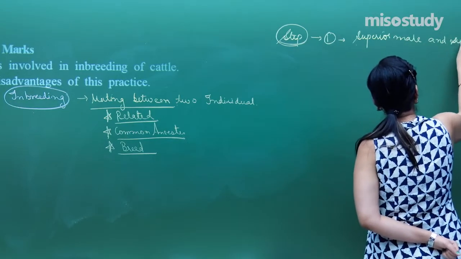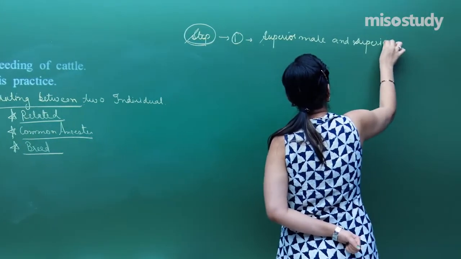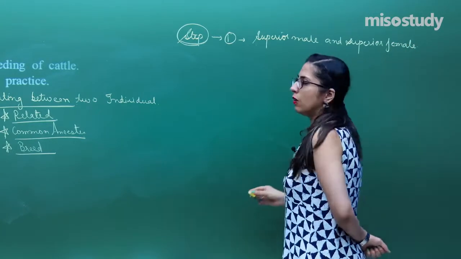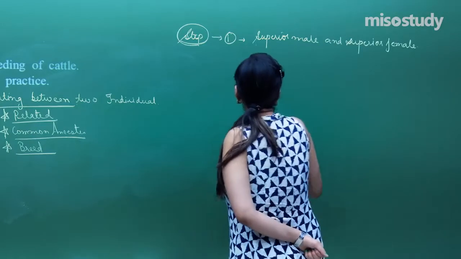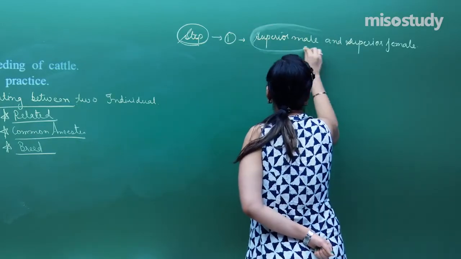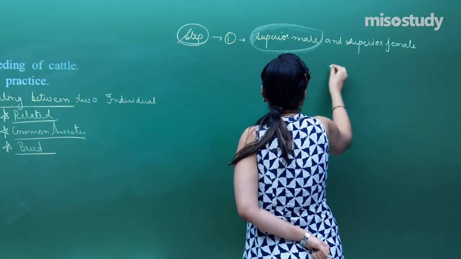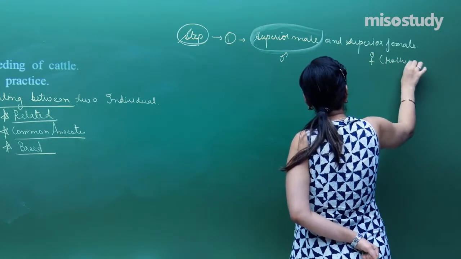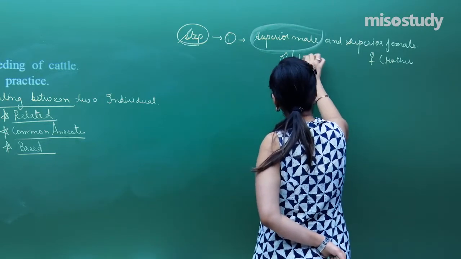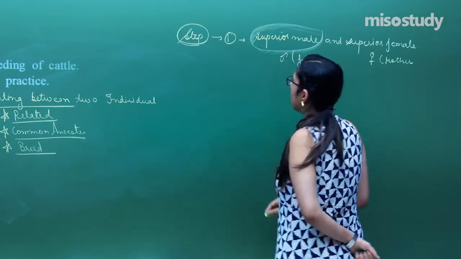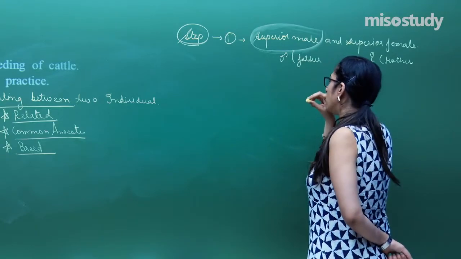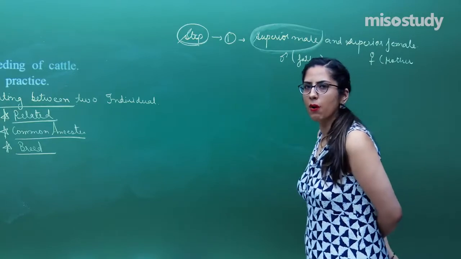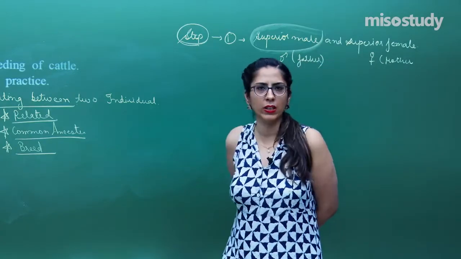The superior male will act as a father, whereas the superior female will act as a mother. And one thing should be clear in our mind, that they should belong to a common breed, they should have a common ancestor, and they should be related to each other.